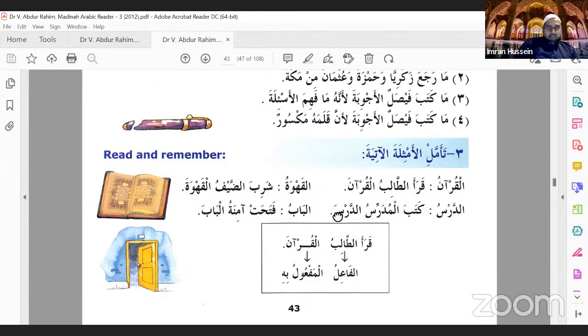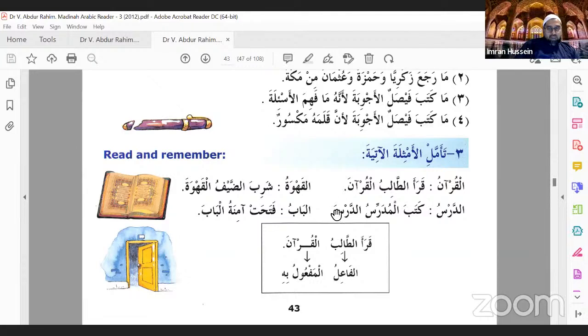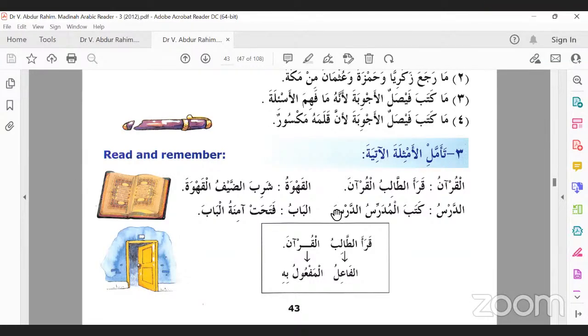Correct. Next one. Sharaba Saifu al-Kahwata. Sharaba, drink; guest; coffee. So drink is a verb, guest is a doer, and the kahwa is the object. Correct. Kataba al-mudarrisu ad-darsa.